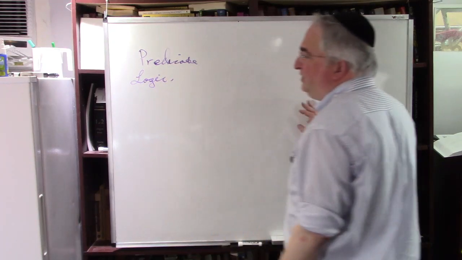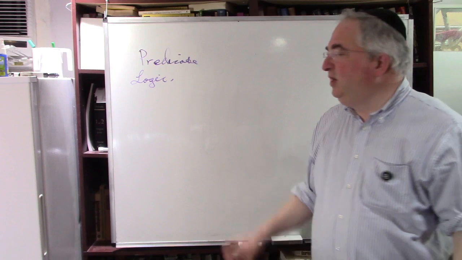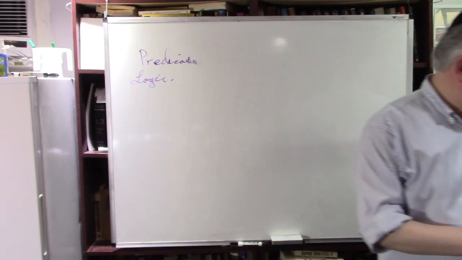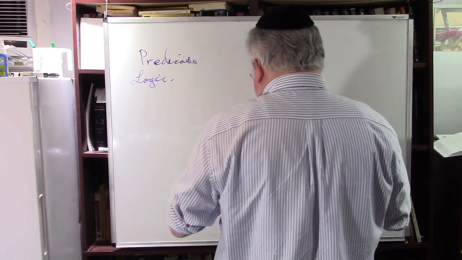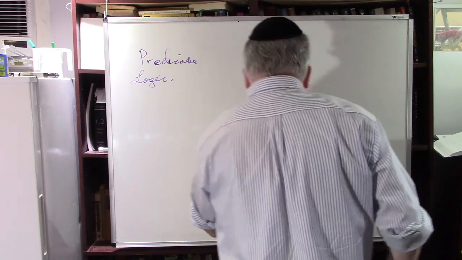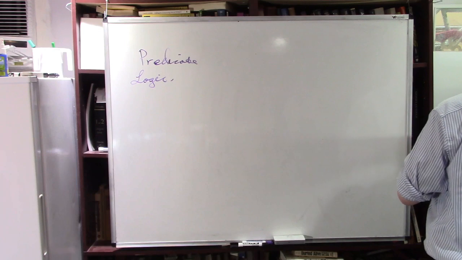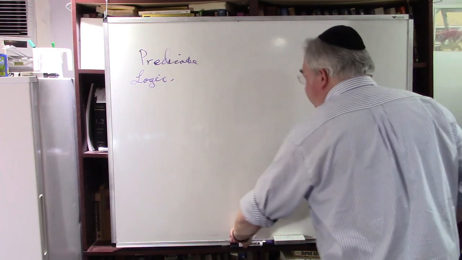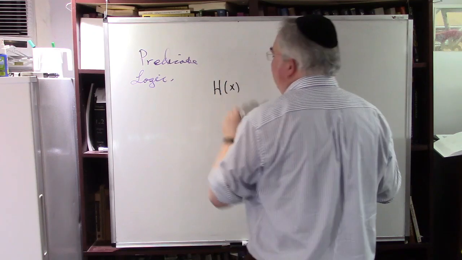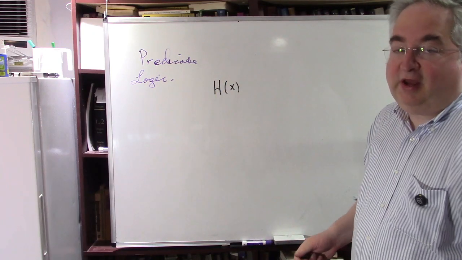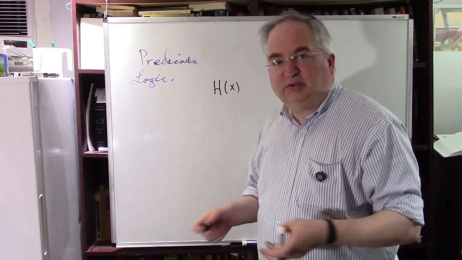I have lots of different cute examples. We'll deal with them right now. It goes as follows. So we have h of x. First I do some funny ones, then I do some math ones.